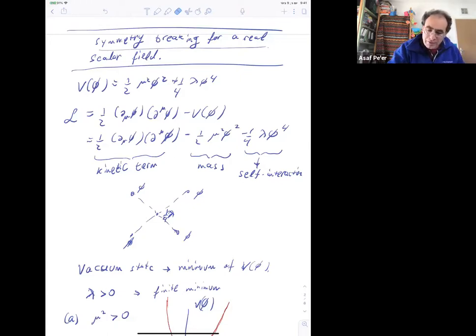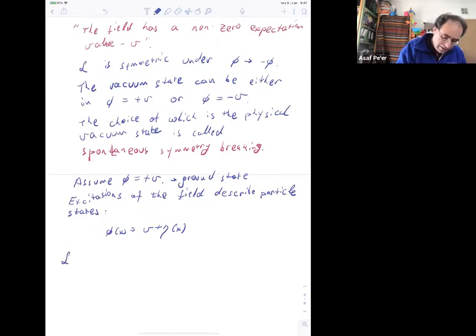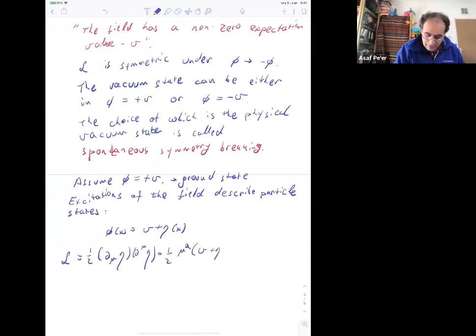So I end up that this Lagrangian, I can write it down as L is 1/2 d mu eta, sorry, minus 1/2 mu squared (v plus eta) squared minus 1/4 lambda (v plus eta) to the power 4.